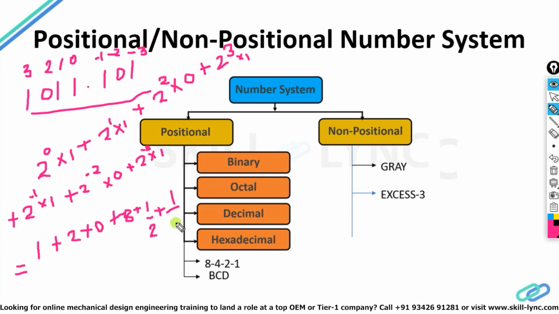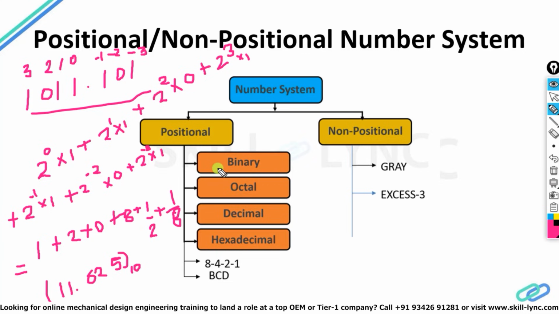Further, while converting this binary to decimal, it is 8 plus 2 plus 1 is 11, and on the other side 1 by 2 is 0.5 and 1 by 8 is 0.125. So it will be 11 point, 0.5 plus 0.125, which is 0.625. So the final answer will be 11.625 with radix 10.